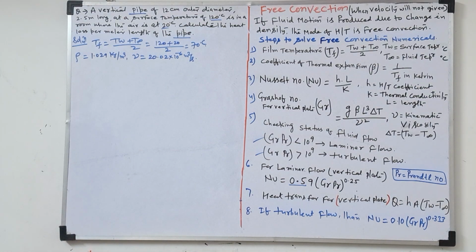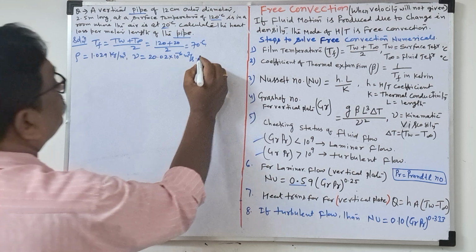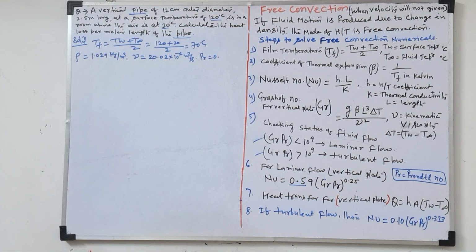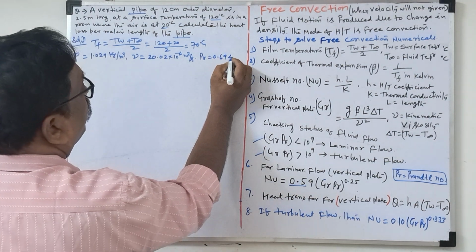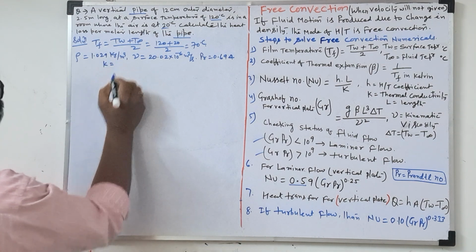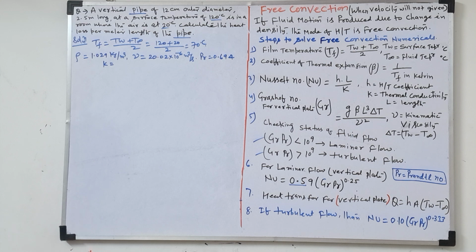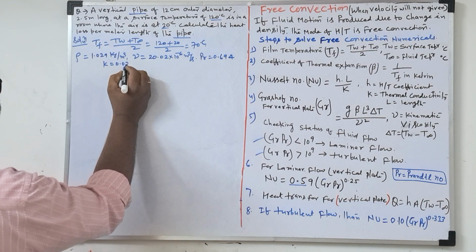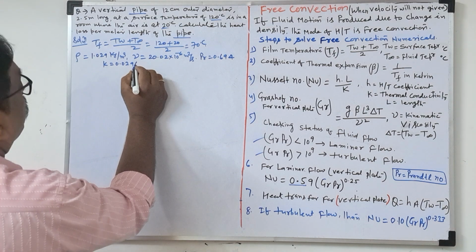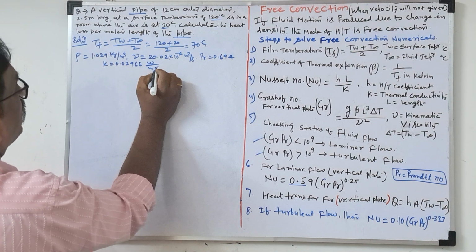Prandtl number is 0.694. These are all in the HMT data book, on pages like 42, 43 depending on the edition. Then thermal conductivity K is 0.02966 watt per meter Kelvin.